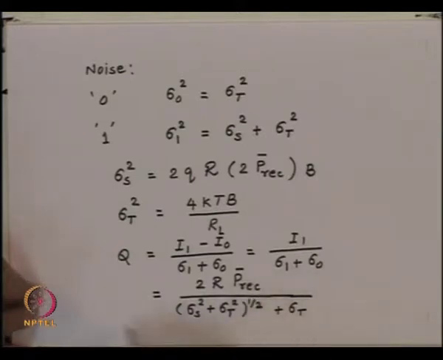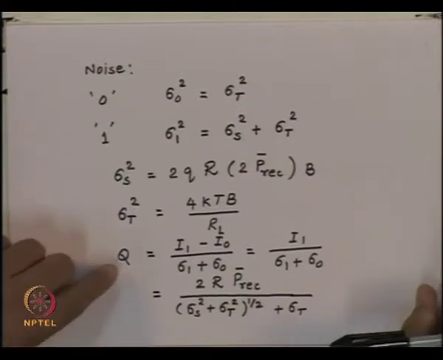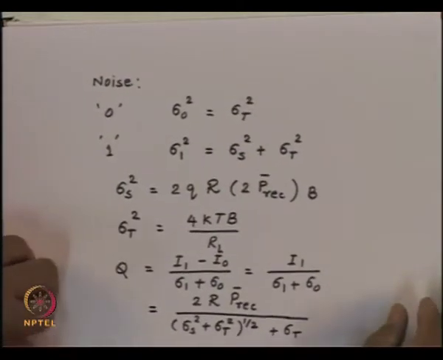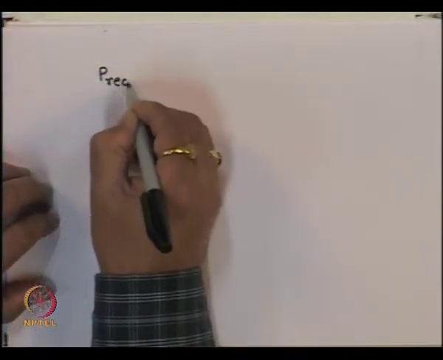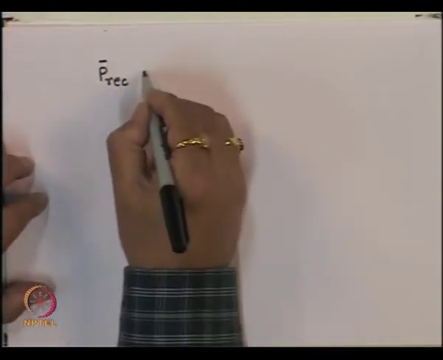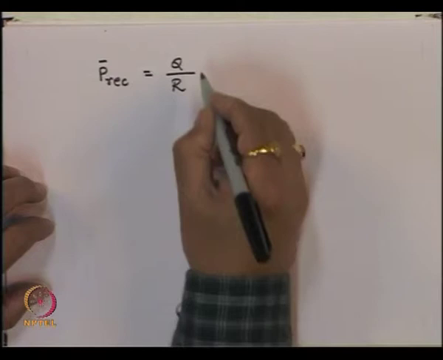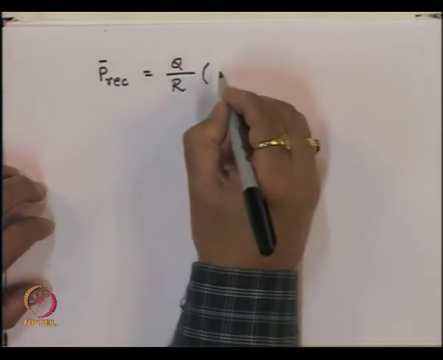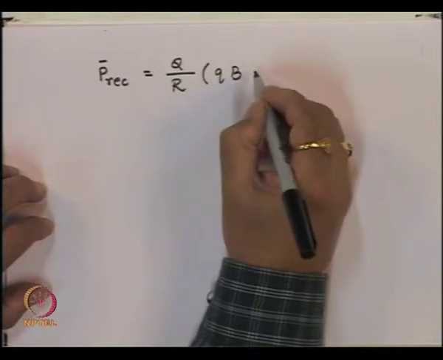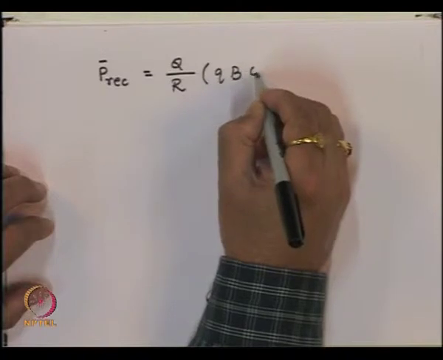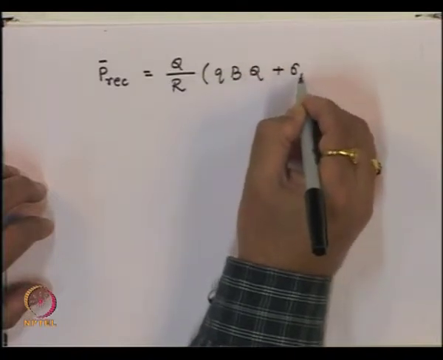We can reverse this expression to get the received power in terms of this factor Q. So, we can get this quantity, average P received, that will be equal to Q divided by the responsivity into the expression involving sigma s and plus sigma t.